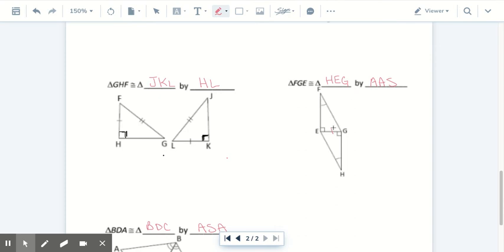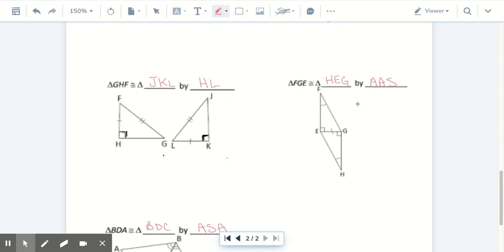For the next one, it is angle, angle, side. They tell us two angles. They tell us this angle and then a right angle from each of the triangles. These two triangles share a side, so we know that this side is congruent by the reflexive property. So you might have accidentally called this one hypotenuse leg because you were like, oh, it's a right triangle.